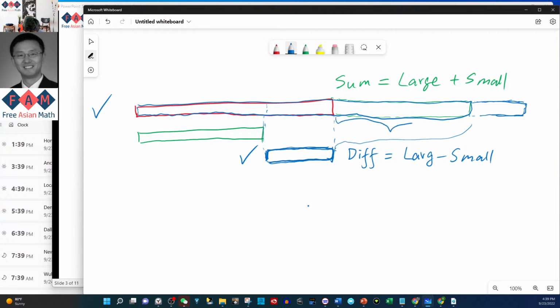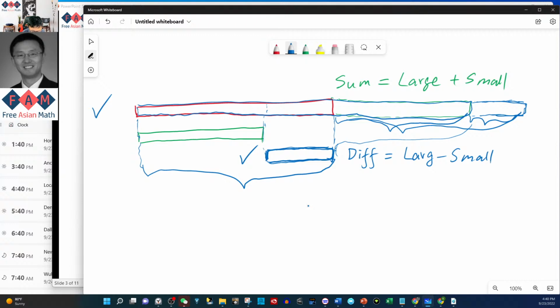So when you combine this green bar and difference, the total is exactly the length from this point to this point, and that is exactly the length of the original red bar.